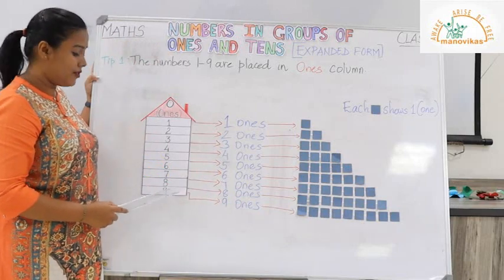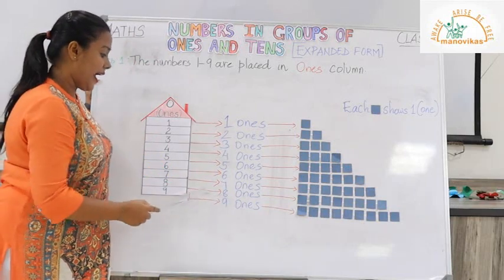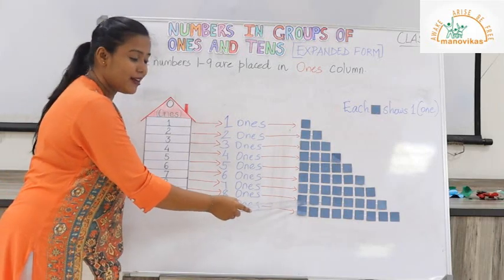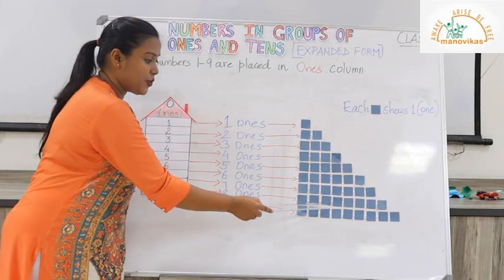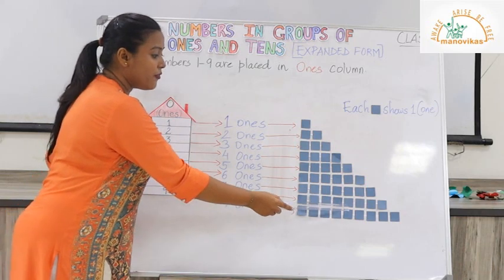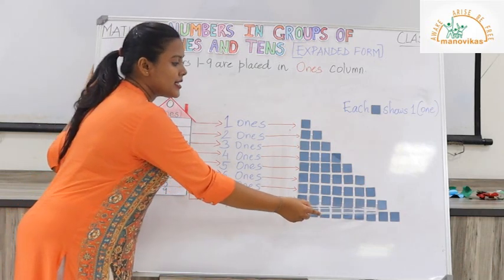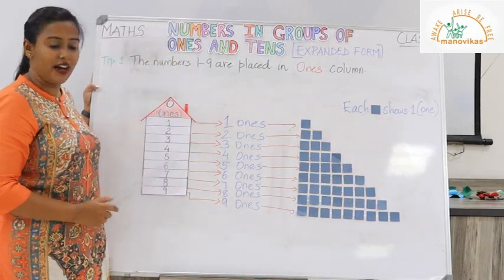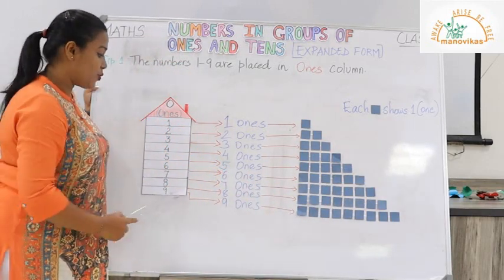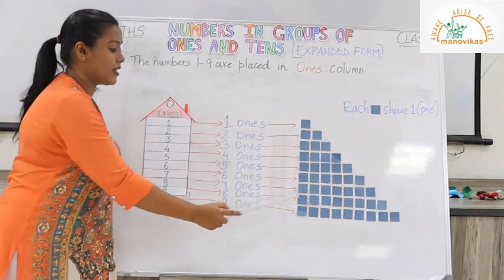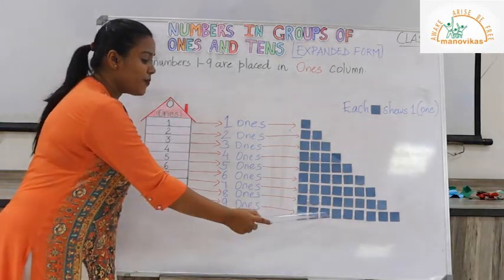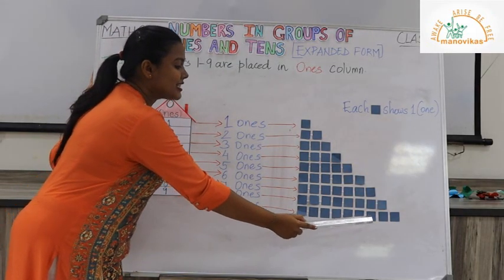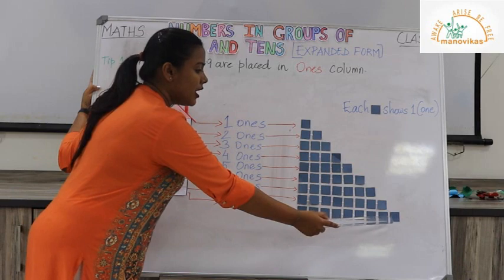The next number we have is 8. 8 will give us 8 ones. Let us count. 1, 2, 3, 4, 5, 6, 7 and 8. And the last number in the family of ones is number 9, which will give us 9 ones. 1, 2, 3, 4, 5, 6, 7, 8, 9.